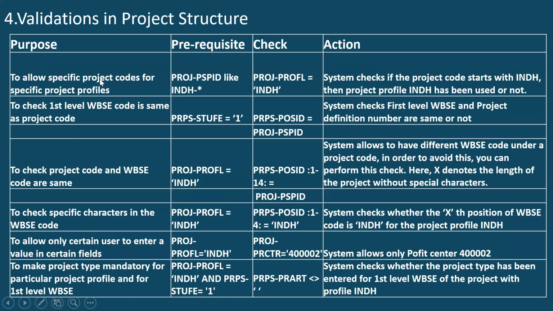Okay. So now, for example, to allow specific project codes for specific project profiles, that means in the last video, I have shown independent houses, villas, something like that. Different project profiles we can create for each of the profit centers that we have. So that individual users from that relevant division will be able to create their own projects, and we will not allow other division team people to create some other division's projects.